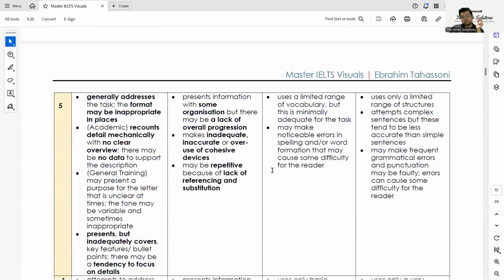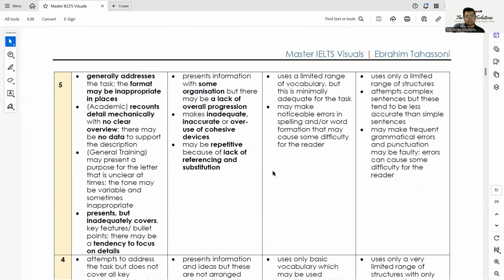Presents information with some organization, but lacks progression. It doesn't move along or flow correctly. Maybe some repetition because of a lack of referencing and substitution. You're repeating things over and over again, which is not necessary. You only have 150 words. Use them wisely.